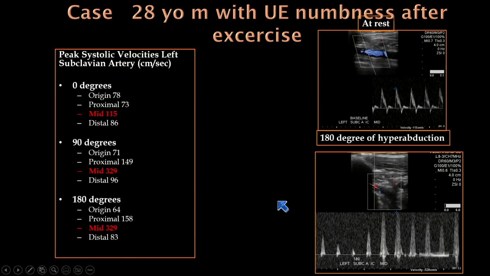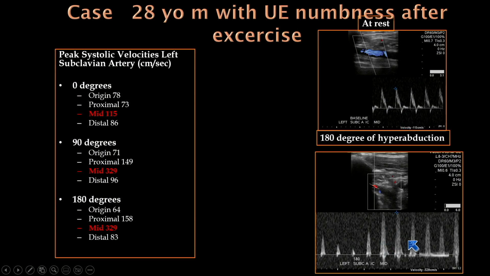And somewhat similar presentation was in this patient who was a 28-year-old male, also with upper extremity numbness after exercise. We see that at 180 degrees of hyperabduction, we have more or less normal velocities, 115 centimeters per second, and the waveforms are all fine.